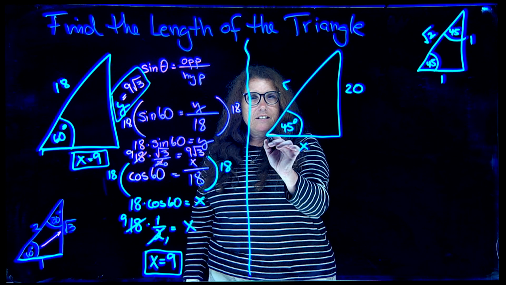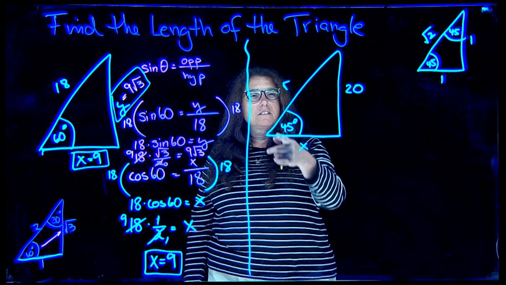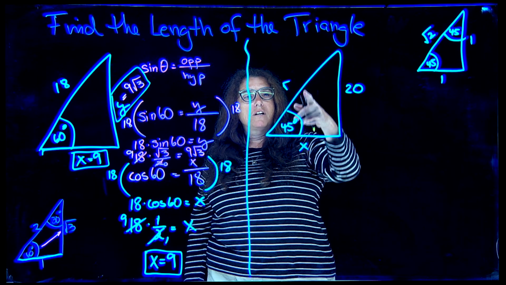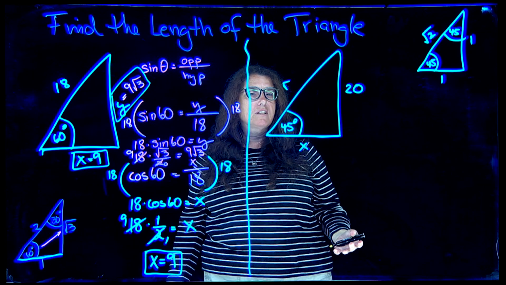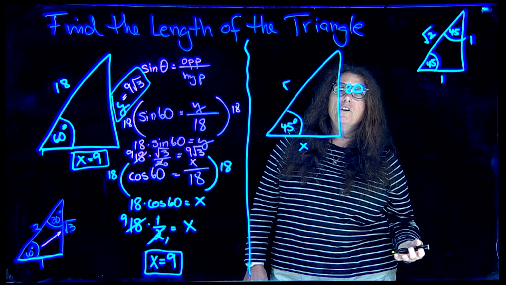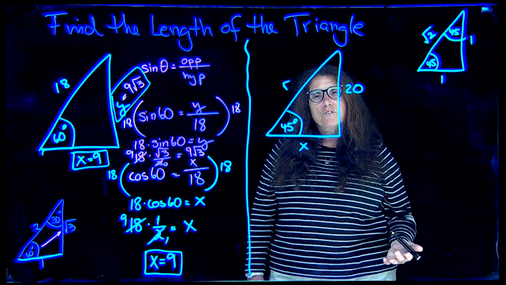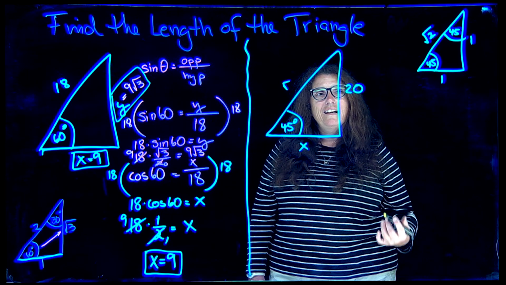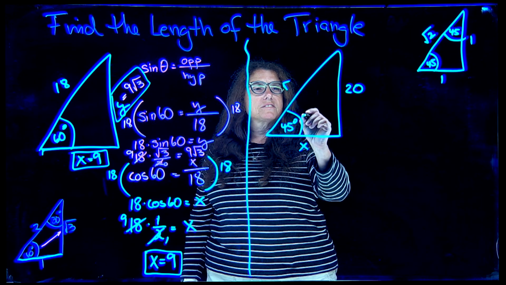So the side x is adjacent to the angle, and if I use adjacent over hypotenuse, I have two variables, which is not good. That's not going to help me. So I've got to figure out a different trig function where I only have one variable. Let's take a look at what side is given.